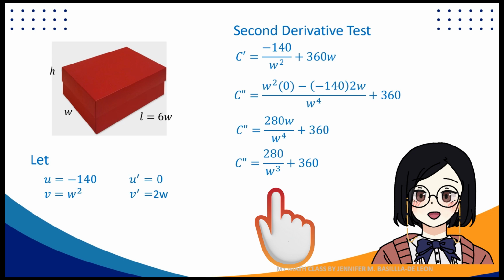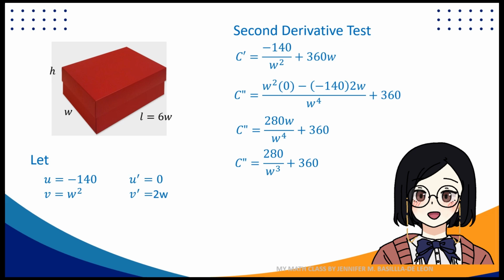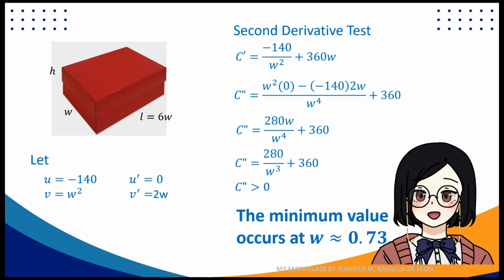Analyzing the expression and considering the fact that W is always positive since it denotes distance between 2 points, the sum 280 over W cubed plus 360 is also positive. Hence, we say that the minimum value of the function occurs at W equals 73 hundredths inch.